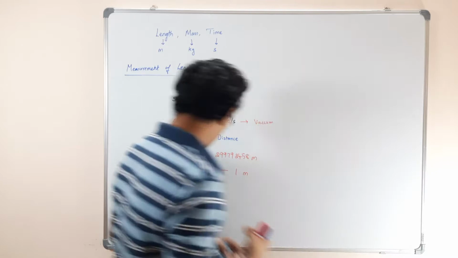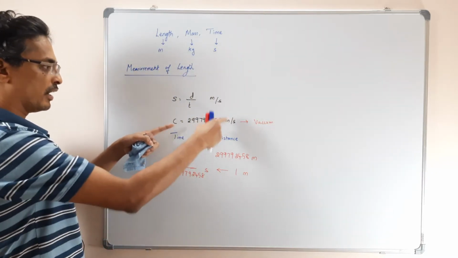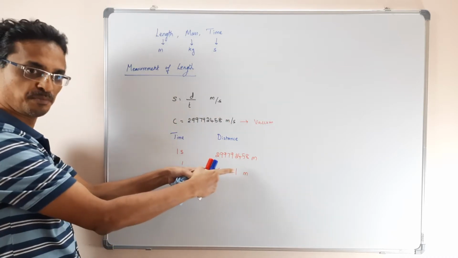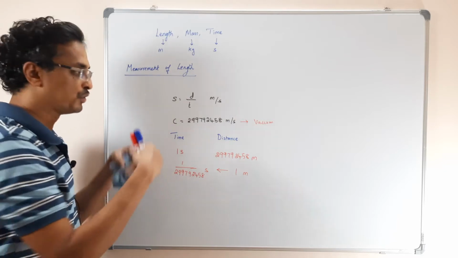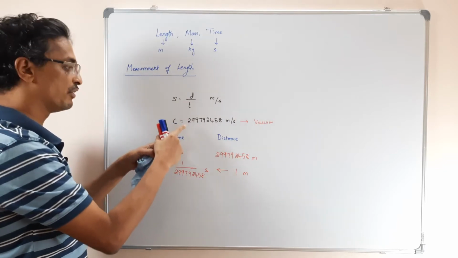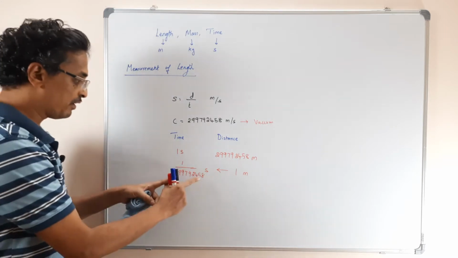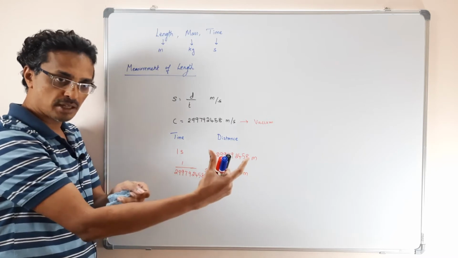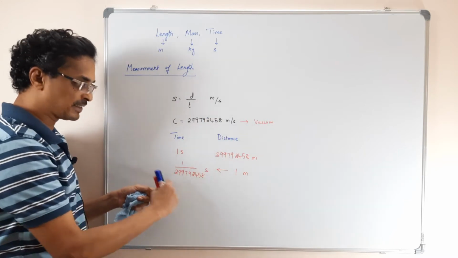Since the velocity of light is calculated at higher and higher precision, we can use that as the definition of a meter. That was more accurate than the red-orange light of krypton. So from 1983 onwards, they were using this as the definition of 1 meter. So then I have defined a scale, a reference value, correct? 1 meter is nothing but the distance traveled by light in this many seconds.